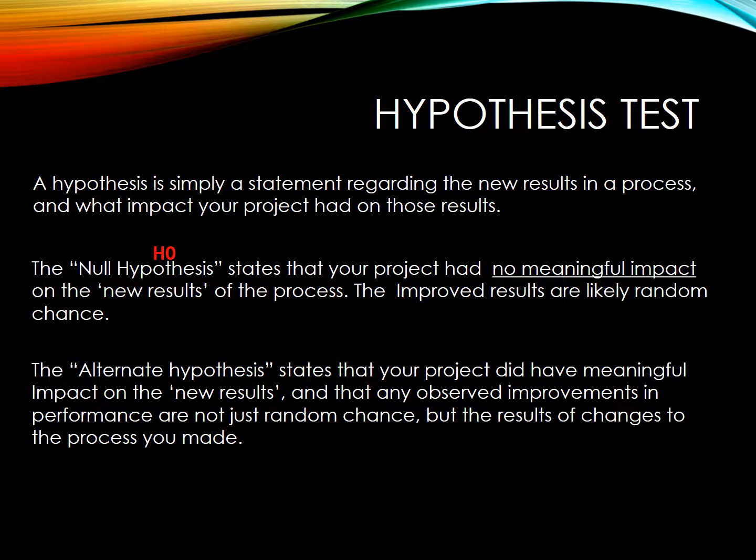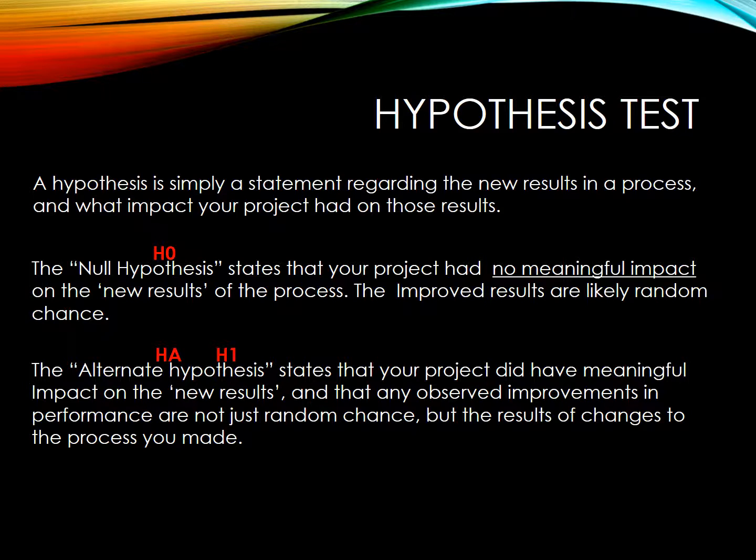The alternate hypothesis states that your project did have meaningful impact on the new results, and that whatever observed improvements you're seeing in performance is not just random chance, you're not just suddenly having a good month. These are results that are related to some significant change in the process. So usually the alternate hypothesis is noted as an HA, sometimes an H1, depending on who is doing the analysis.